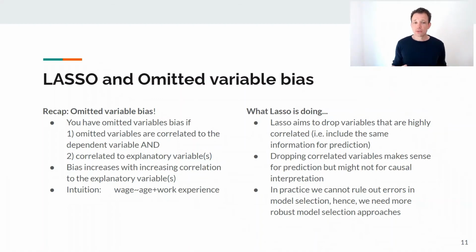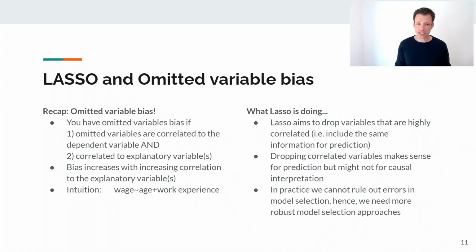Let's consider that in a very simple stylized example. Assume we want to explain wages by age and work experience, and we are only interested in estimating the causal effect of work experience. That is what we want to determine. What you can imagine is that age and work experience will definitely be highly correlated.